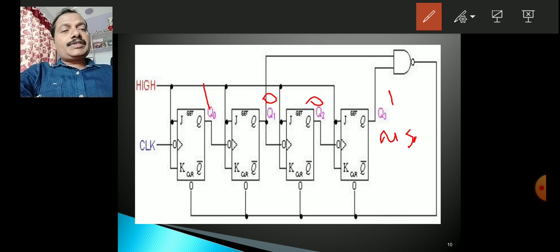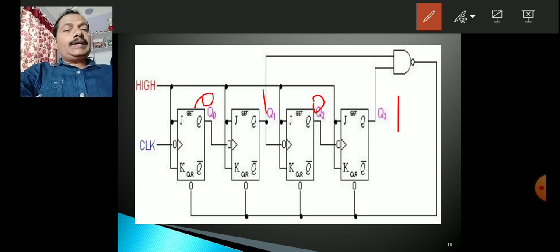This is the MSB. 1001 is 9. And 10 is like this: 1010. This is the MSB, 1010, which is 10.